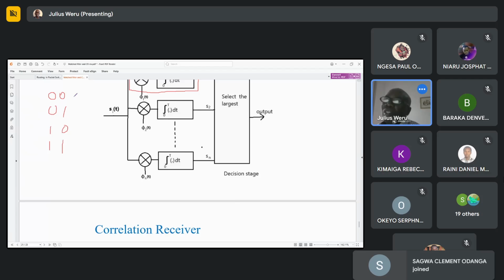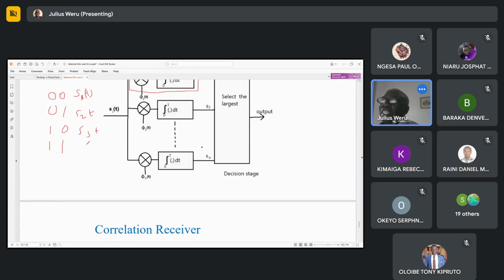So you have one symbol s_1(t), s_2(t), s_3(t), s_4(t). The signal you are carrying is just a linear combination of these.